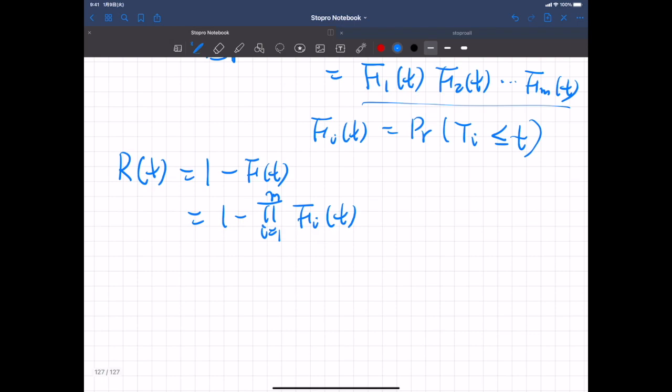And of course, each Fi is equal to 1 minus Ri. So that is 1 minus Ri, where Ri is, of course, the reliability function of component i. Okay, so this is the reliability function for the parallel system.